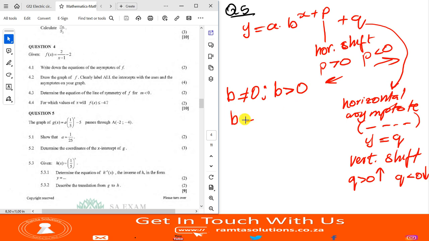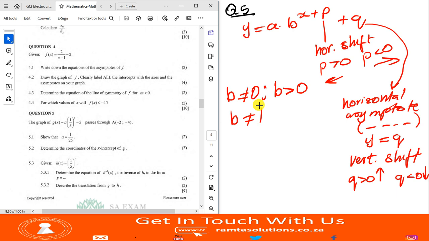Again, b is not equal to 1. These are the conditions that you need for an exponential function, or for an exponential graph. b must be greater than 0, and it's not supposed to be 1 as well.